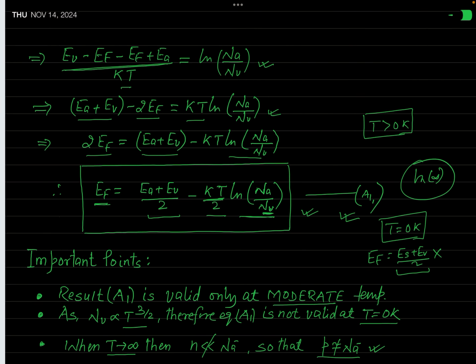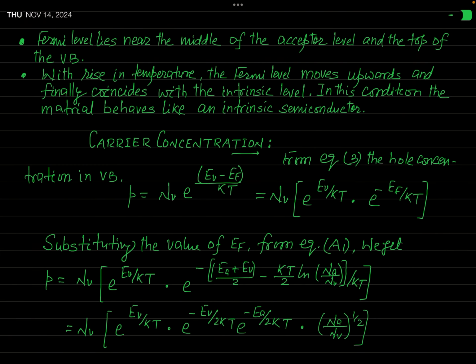Okay. So whenever a question is asked to you, whether a p-type material will act like a pure semiconductor, the answer will be yes. This depends on temperature. When temperature has such a value that the Fermi level of a p-type material moves to the position of the Fermi level of pure semiconductor, that is, it coincides with the intrinsic level, then the p-type material will behave like an intrinsic semiconductor.